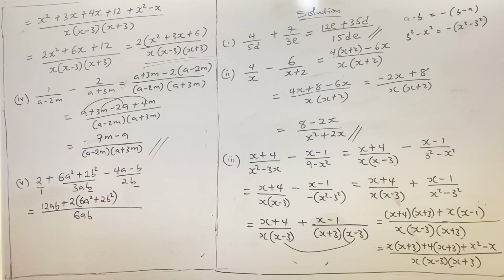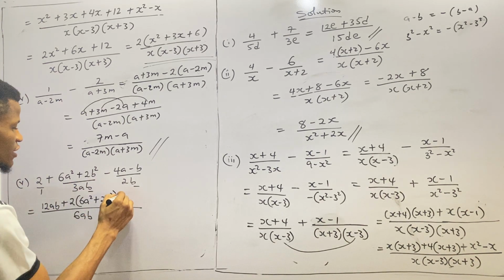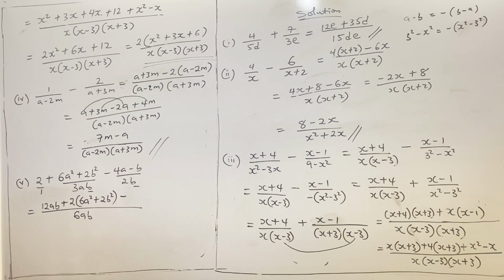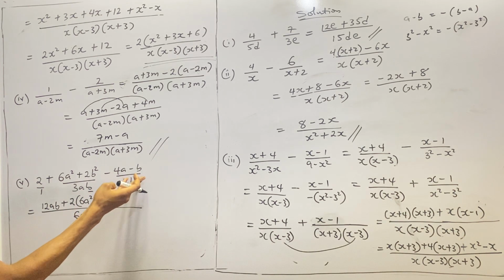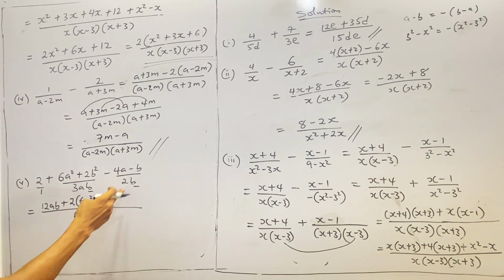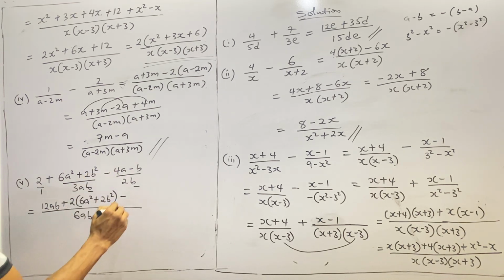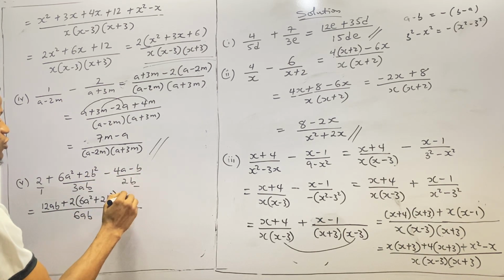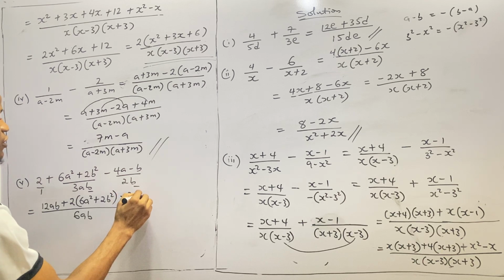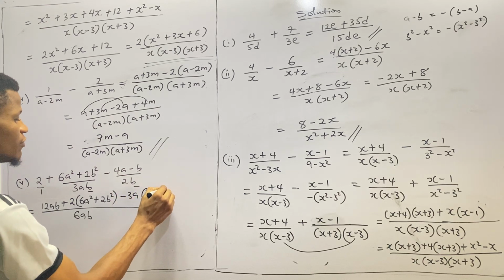All right. So here we have a negative sign. Okay. So 2b we divide 6ab. b we cancel b. 2 cancels 6 is 3. So we have 3a. So 3a we times 4a minus b.